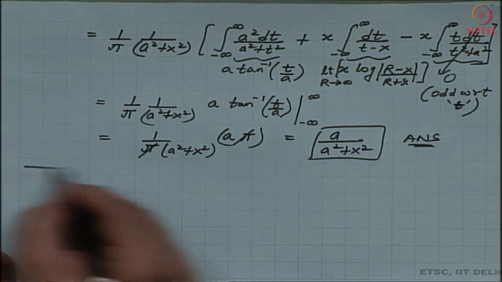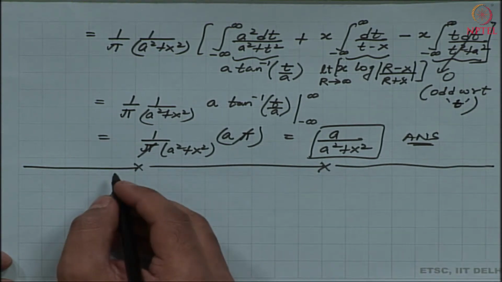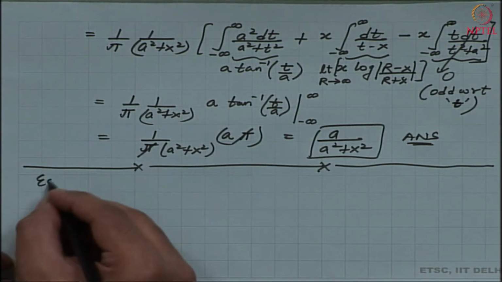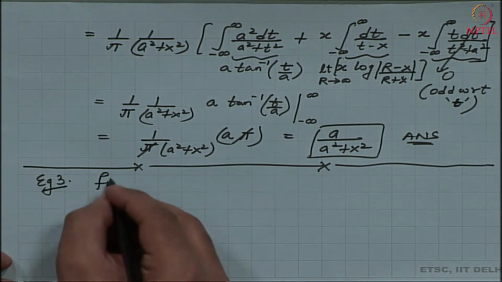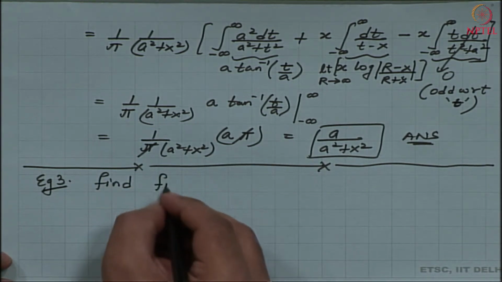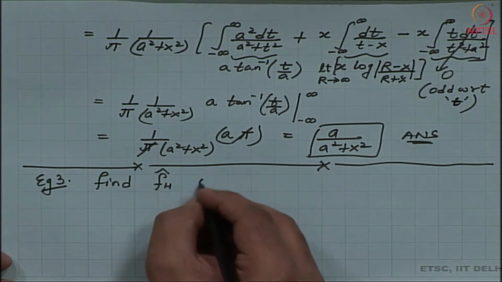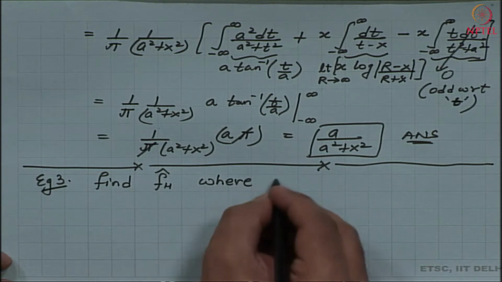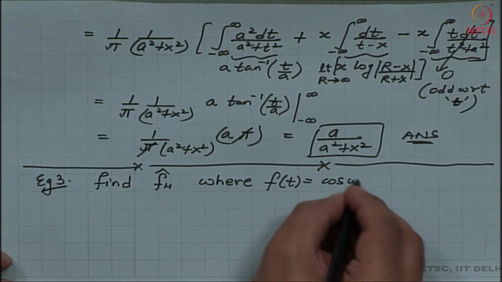So, moving on, let us now look at another example. So, I need to find the Hilbert transform of a function where my function is given by f of t equal to cos omega t.